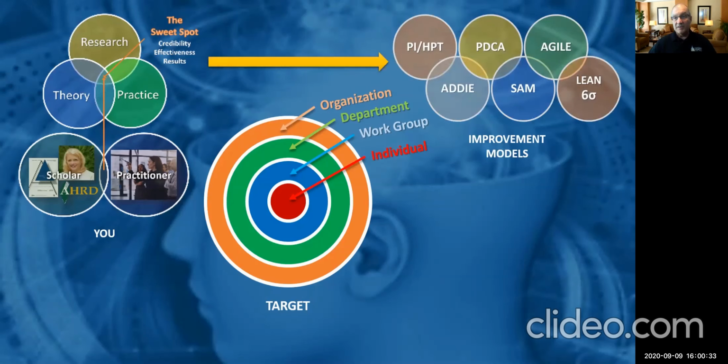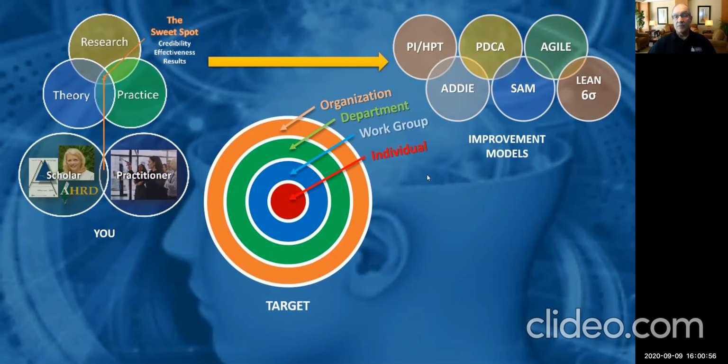So let's take a look at this next piece, which are all the improvement models that you possibly think of that may be useful to you to deal with a problem or an opportunity, an improvement opportunity within your workplace or your organization for that matter.